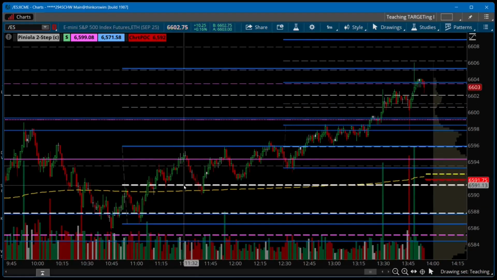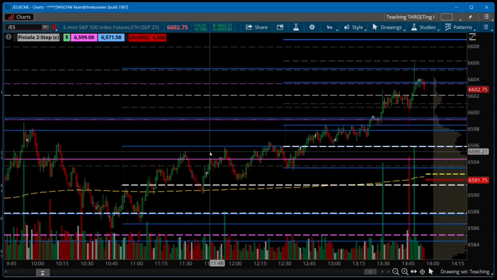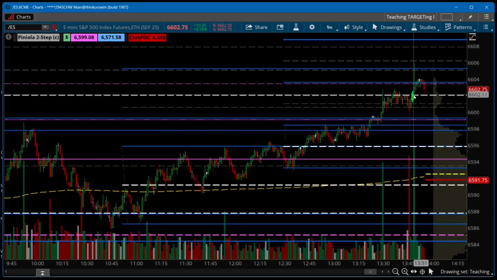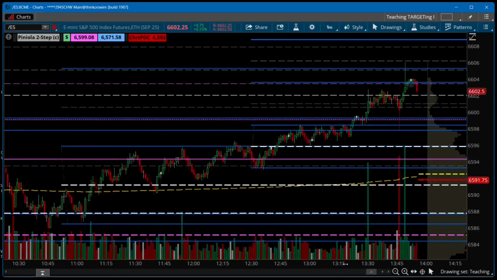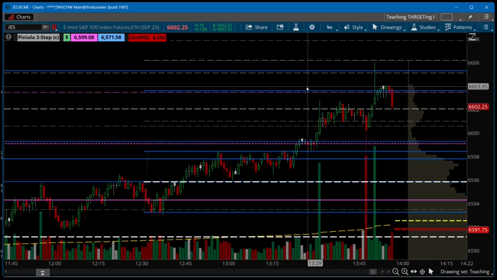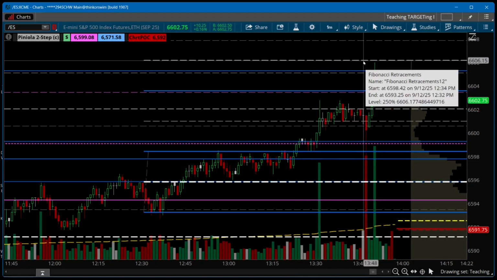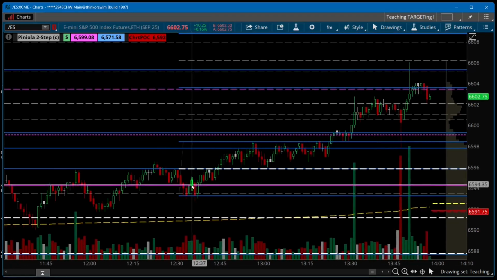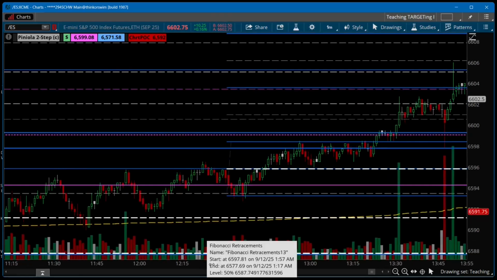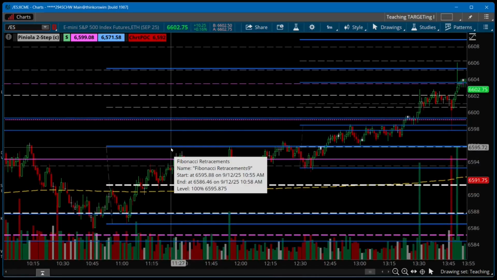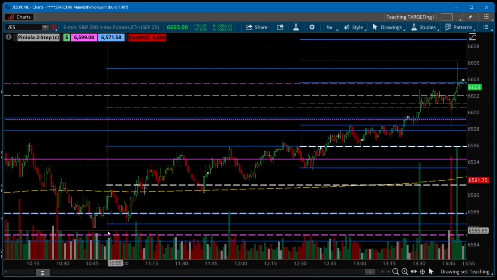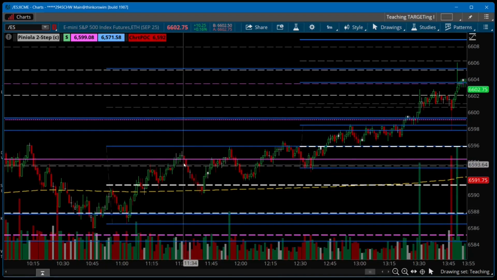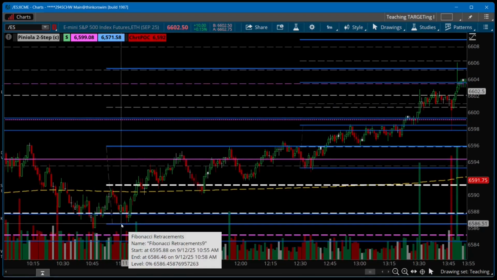Okay, what I've just done is move these up to the next levels. So we almost came to the 2.5 of this move. And we went to the 2.0 of what was the first initial move.